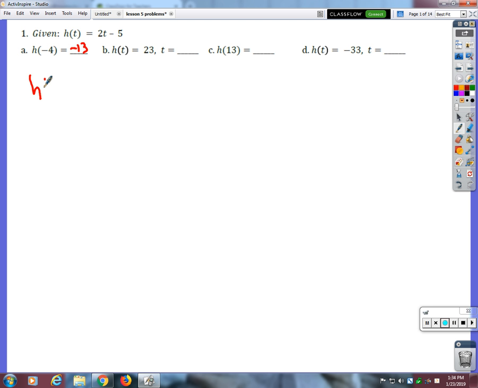Okay? H of 1 is what? And just put it into this function right here. You put it in first. Negative 3, good. 2 times 1 is 2, minus 5 is negative 3.